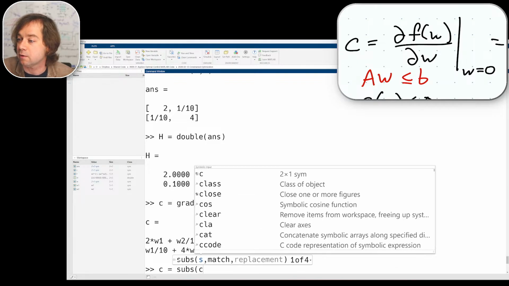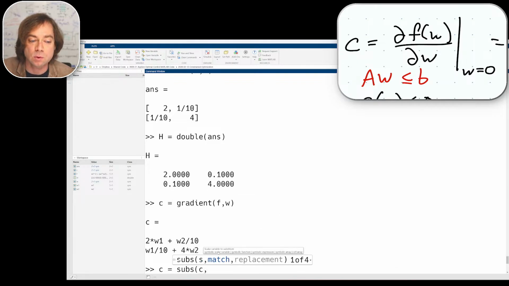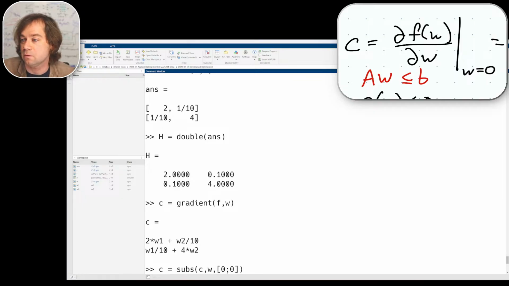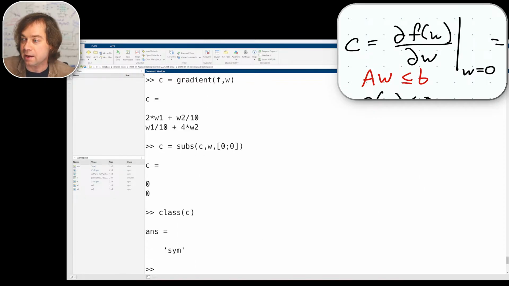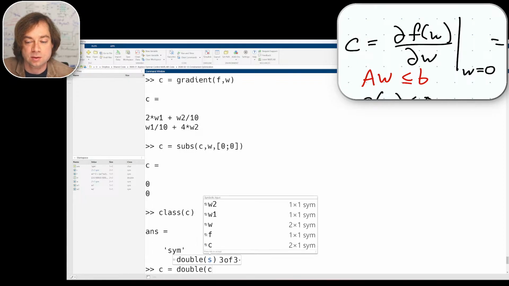Wherever there was a w, we want to substitute in a vector of zeros. We have 2 zeros. There you go. Voila, 0, 0. This is still a symbolic class object. We don't want that, so we say c is equal to double c. Done.